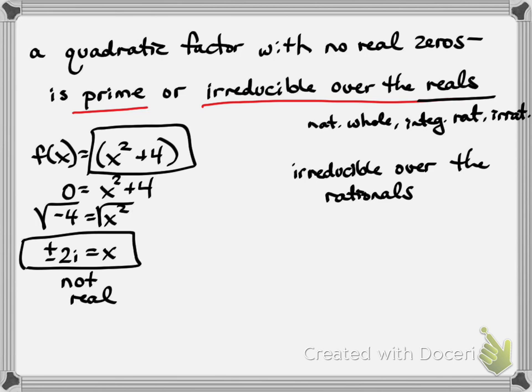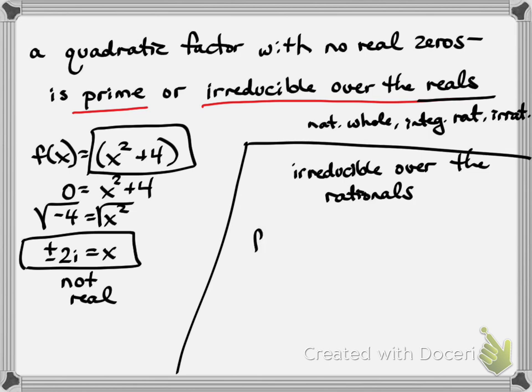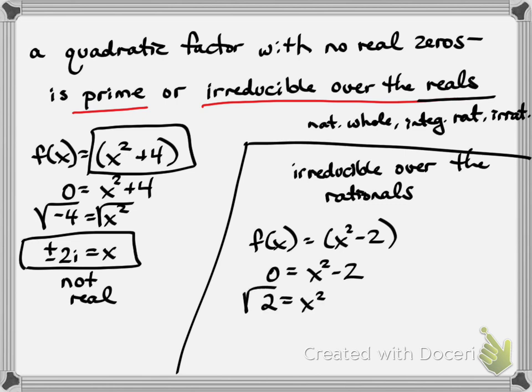So an example of that might be the factor x squared minus 2. That's a quadratic factor. We try to set it equal to 0 to find our zeros. We add 2 and we do our square root, and it's not a rational number. It's a number like pi.